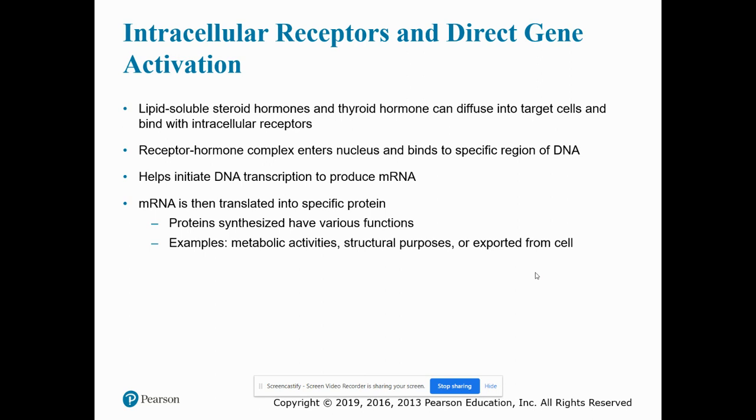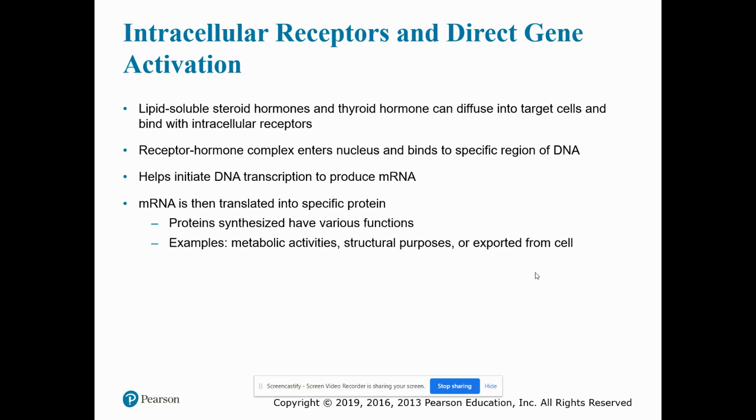Once it binds with the intracellular receptor, the receptor-hormone complex will then enter the nucleus and bind to a specific region of DNA. Once it binds to that region of DNA, it's going to help initiate transcription of a specific segment to produce a specific segment of mRNA. That mRNA is then going to leave the nucleus, go into the cytosol, and be translated into a specific protein.